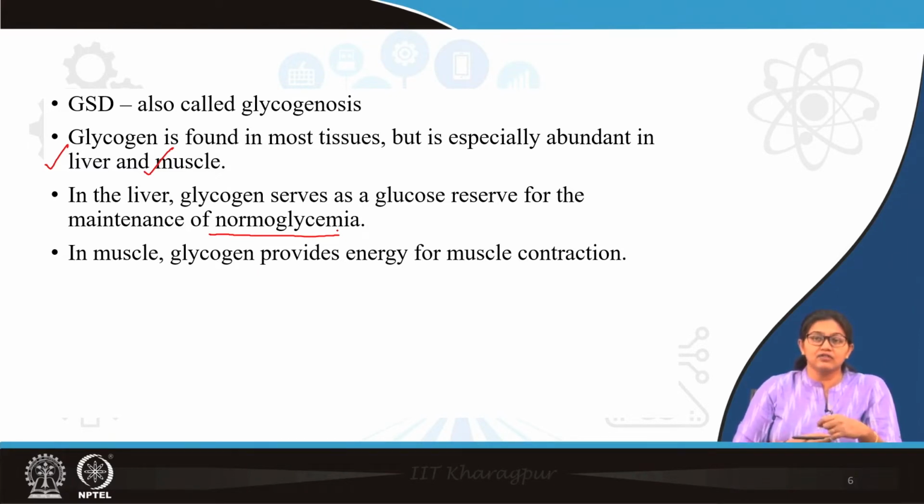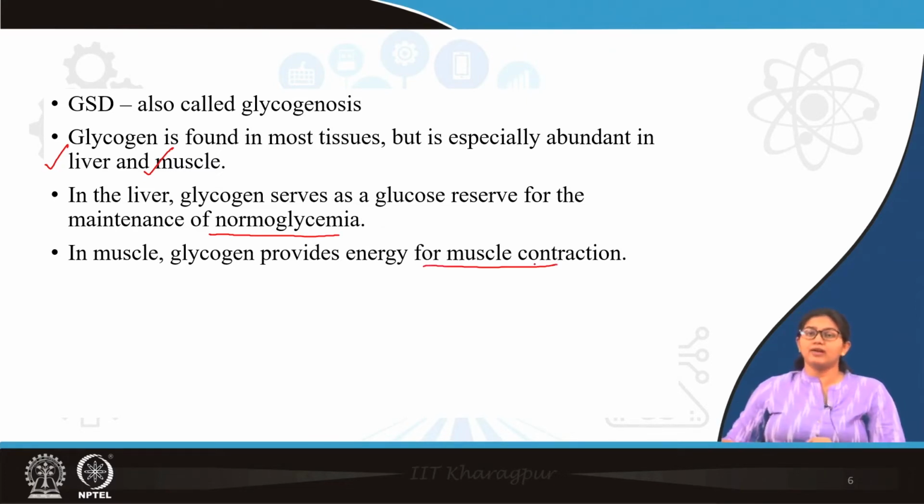But in case of muscle, the product of glycogen breakdown is glucose 6-phosphate. Remember, the glucose 6-phosphatase enzyme is absent in muscle. So, from glucose 6-phosphate, glucose cannot be formed. So, the end product of glycogenolysis in muscle is glucose 6-phosphate, and that is utilized for production of ATP, which helps in skeletal muscle contraction.